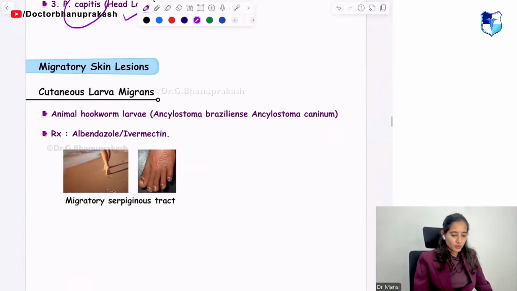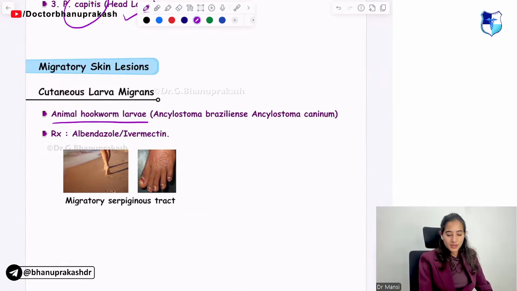Now we move to a more important one, the animal hookworm larva. These are migratory skin lesions: the larva infests and migrates, so you can see cutaneous larva migrans. This is caused by the animal hookworm larvae, Ancylostoma braziliense and Ancylostoma caninum.